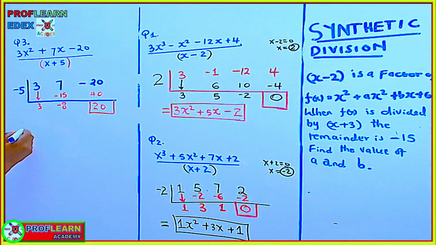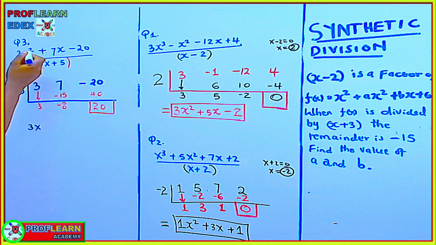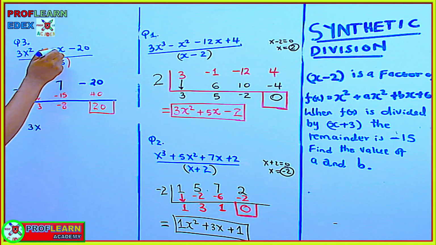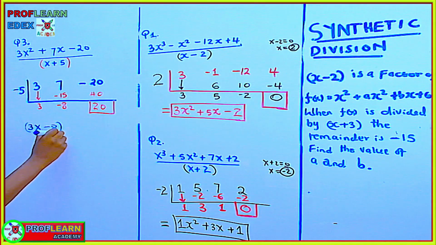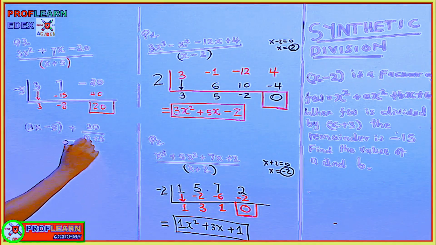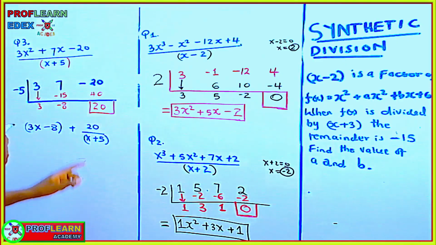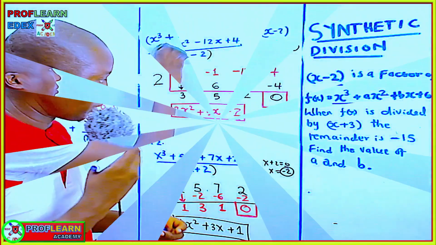This is 3, so it will be 3x, because x squared divided by x is just x, and then we get a constant term, which is negative 8, then plus 20 over x plus 5. So that is the final answer we get if we divide 3x squared plus 7x minus 20 by x plus 5. That's exactly what we are going to get.